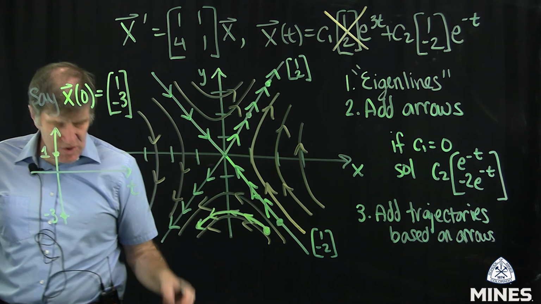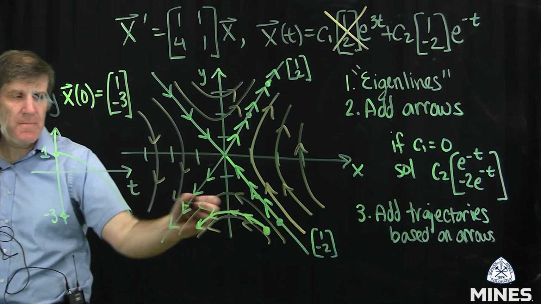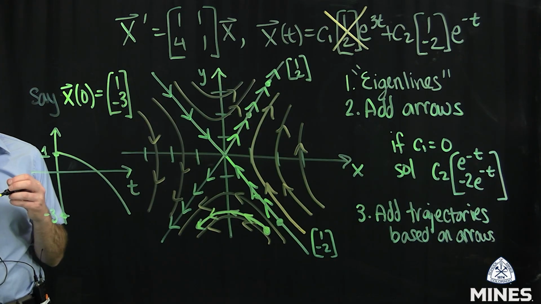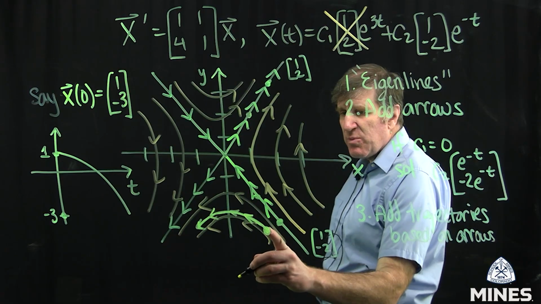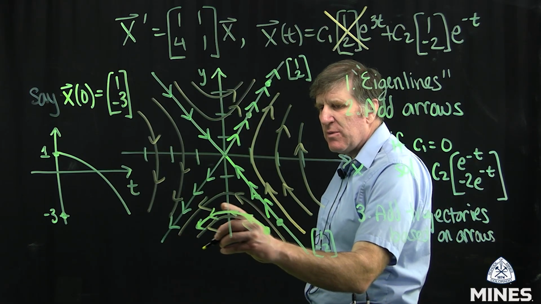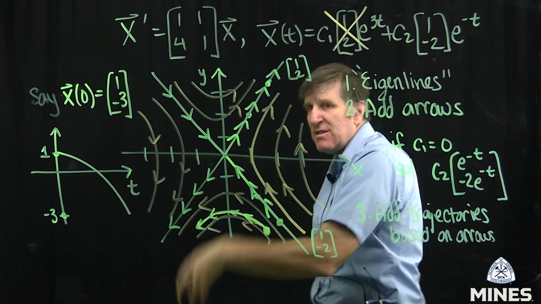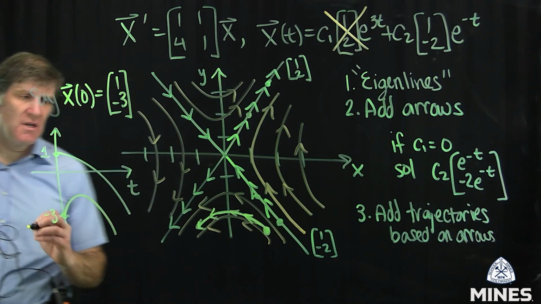And x is just a decreasing function because this trajectory is moving to the left, which is decreasing in x, right? Now, in y, this phase line actually goes up a little bit before it goes down. So y increases just a little bit and then starts to decrease, and y is going to look something like this.